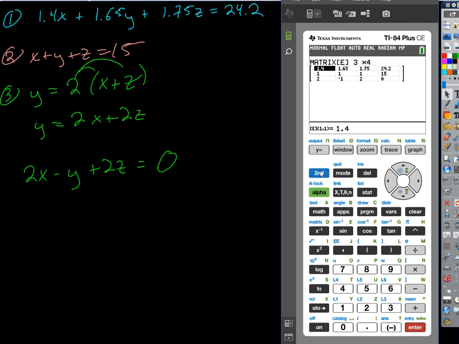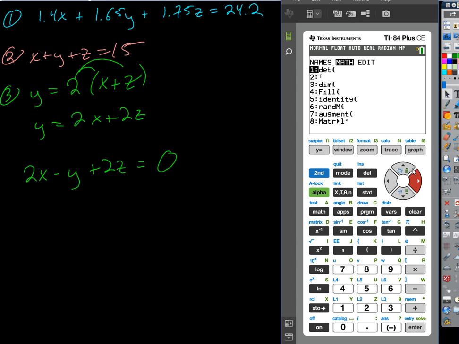Now what? Back out. Okay, so I've got to quit. Go back to matrix. Math. Okay, I'm going to go up to RREF, reduced row echelon form.